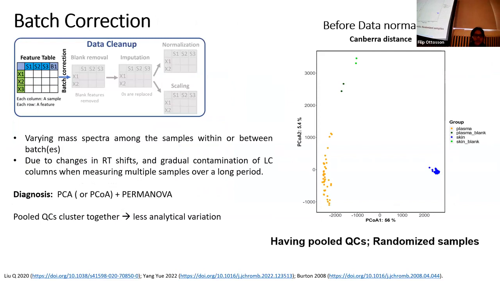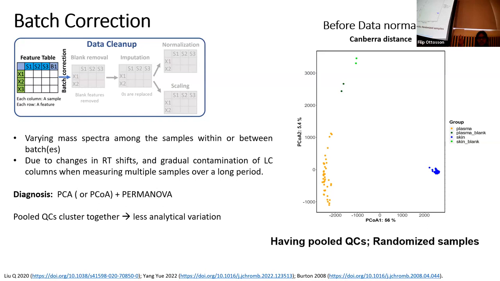So first, we have to look for, of course, batch effects. When you run your samples in multiple batches, you might encounter within-batch effects or between-batch effects. If you run your samples over a long period of time, there might be some retention time shifts, and also due to some instrumental issues, like gradual contamination of the LC columns, there might be peak shifts.